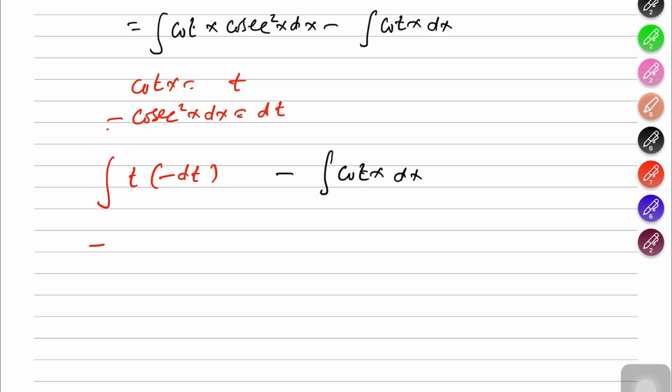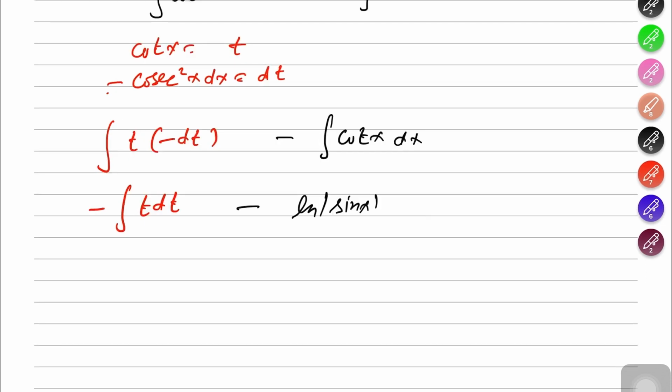So that will be minus t dt, and the integration of cot x is ln mod of sin x. So this integration is minus t square by 2, minus ln mod of sin x plus constant.